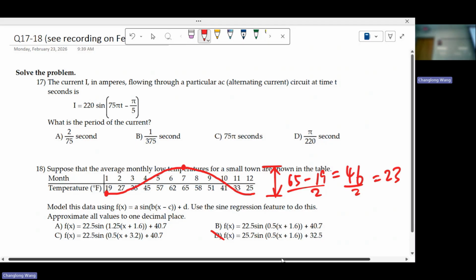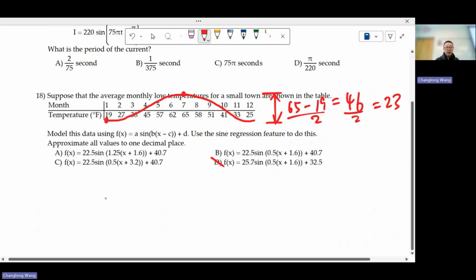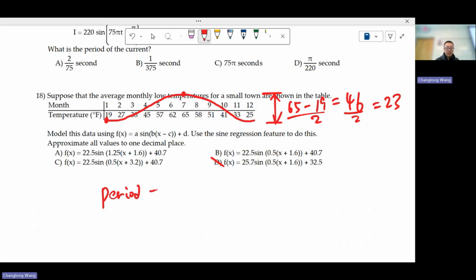Maybe very rare, maybe something seriously wrong. So that's why if you want to make a guess, I'll say it's 12 months. So now if the period is 12 months, how would you find out that B?